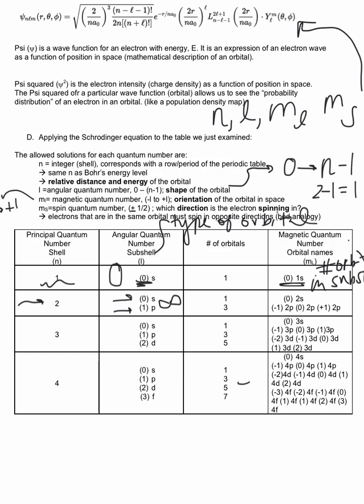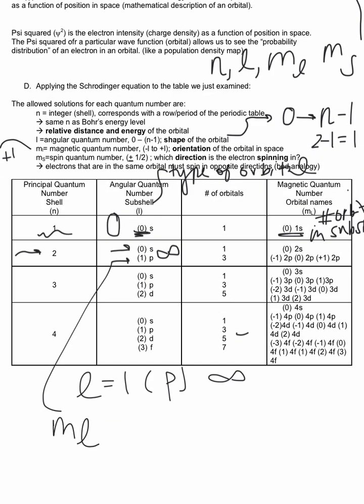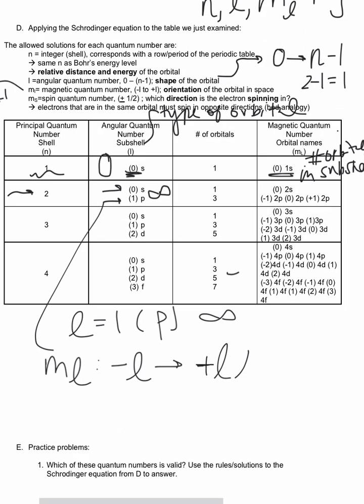Again, things get a little more interesting or complicated when we get to our p subshell, or l equals 1. This is our p orbital, or our orbital that looks like this. Our values of m sub l can go from negative l through 0 to positive l. So if l is equal to 1, then m sub l can equal negative 1.